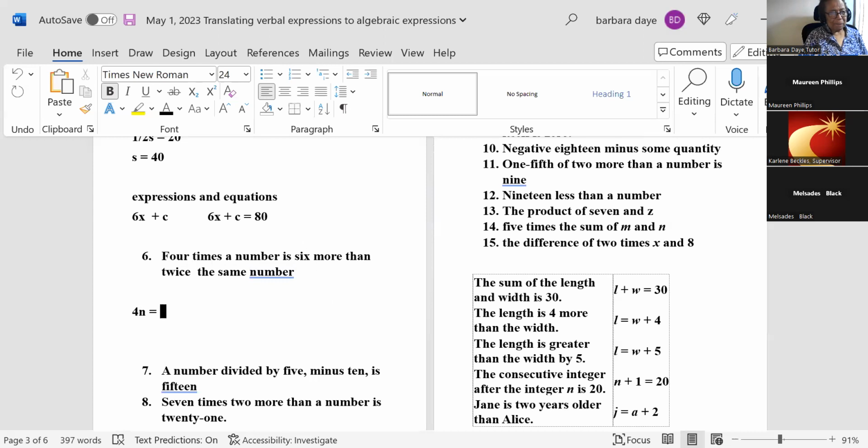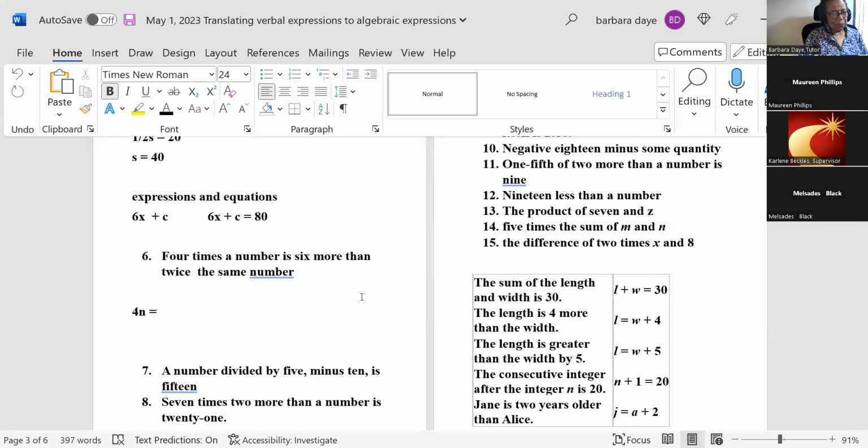What does more than mean? You put is for equal. Now we're at 6 more than twice the same number. So tell me what to write.